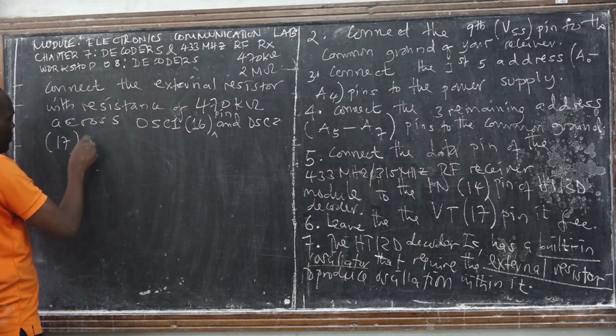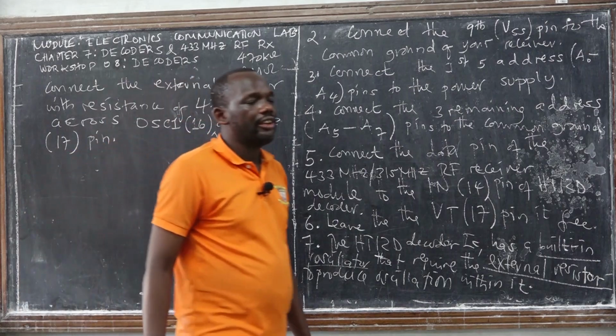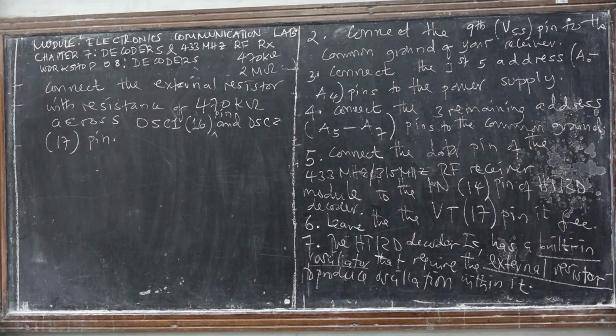So if you download the data sheet of Ht12D Decoder, you'll find that 470 kilo ohm is the intermediate value.